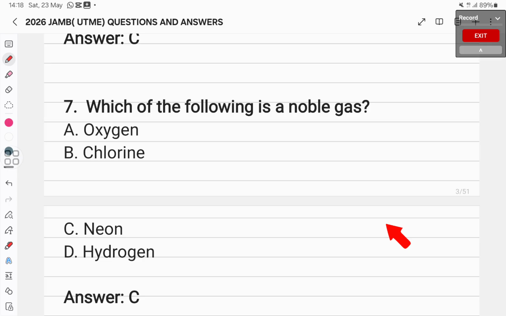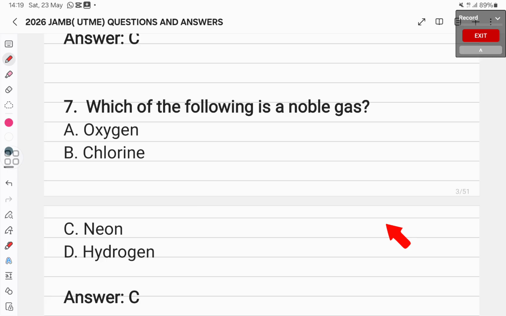Noble gases are monatomic gases. They are called noble gases because they are chemically unreactive. And what makes them unreactive chemically is because their outermost shells are completely filled with electrons.